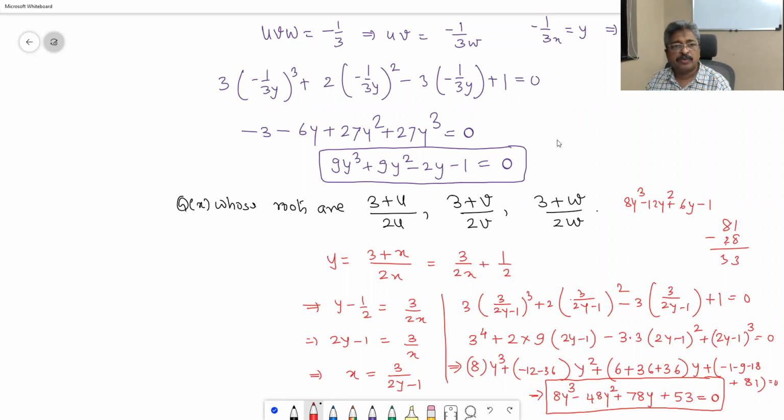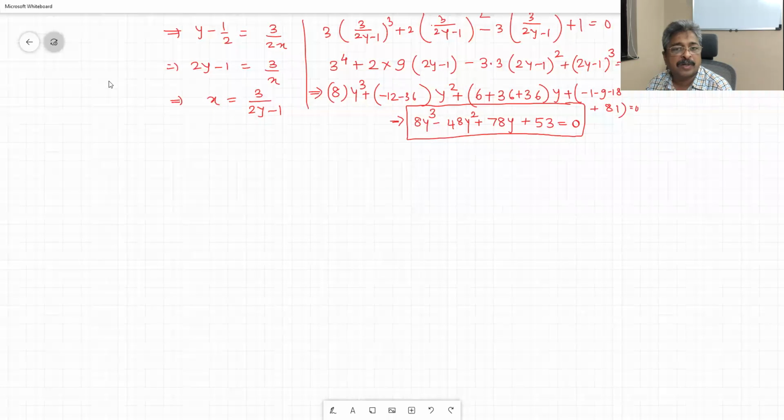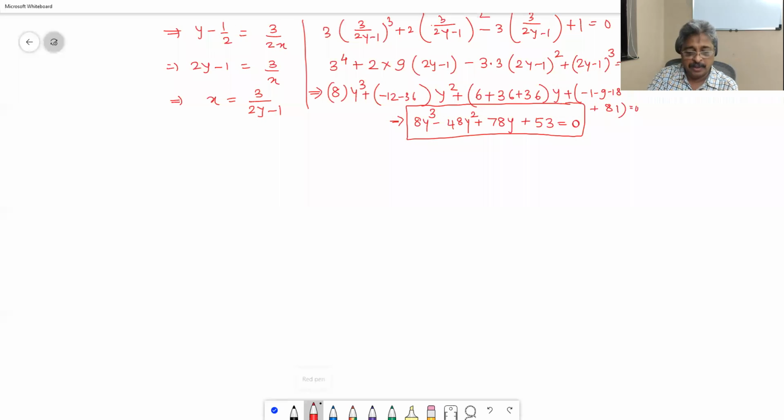Okay, in 12 minutes what we will do is, we will take a good polynomial and cross check whether our theory is working or not. Let us cross check. That is going to be interesting.